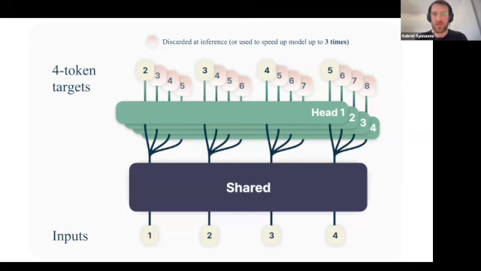What we mean is when we train, we're not just predicting the n+1 token, so here it would be 2, and then 3, and then 4, and then 5, but we predict n tokens at each step. So in this plot, n equals 4. So we predict 2, 3, 4, 5, and then 3, 4, 5, 6. Each step looking further ahead into the future.